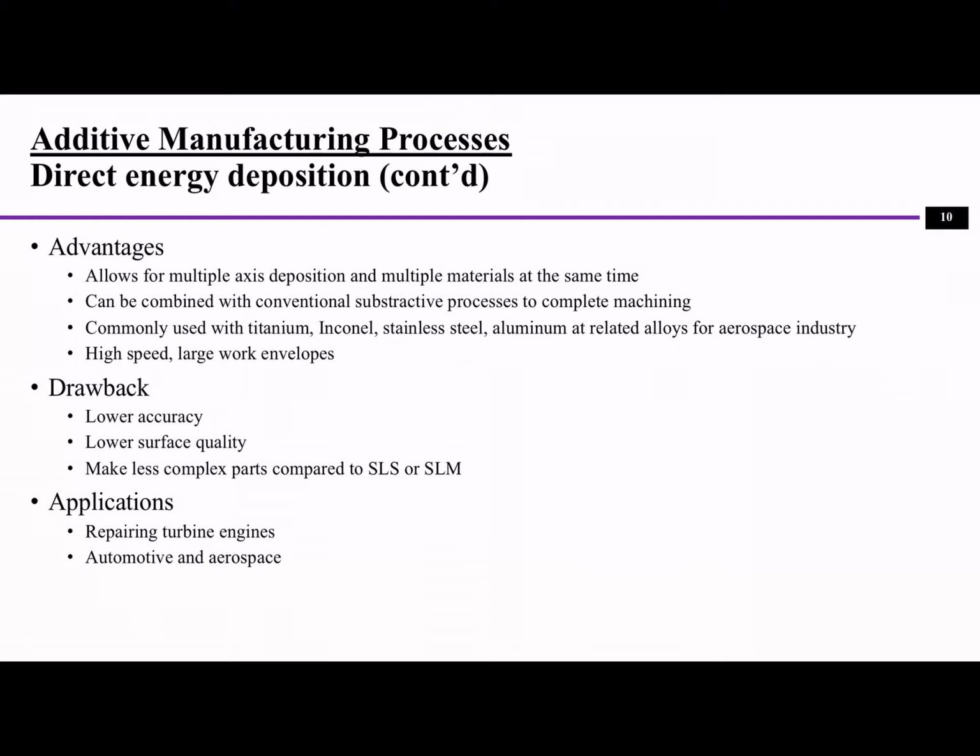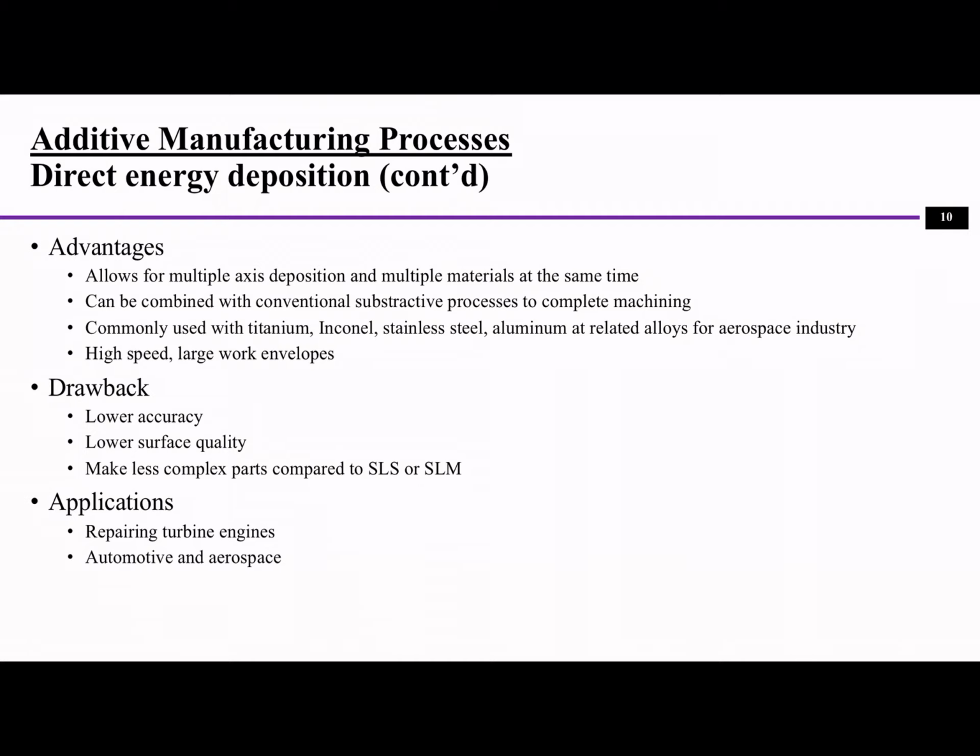Commonly used materials are titanium, stainless steel, or other alloys, and it can have a large work envelope compared to processes that require the powder bed. Usually that kind of workspace is very limited because of the powder and also motors. But for this process, it can have a larger work envelope.